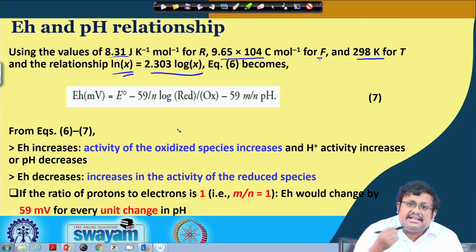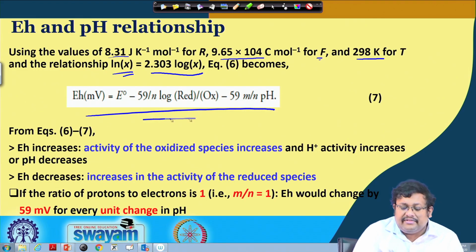Then equation 6, the Nernst equation, converts to this simplified form.